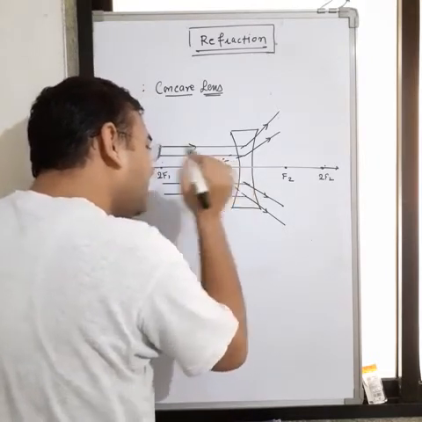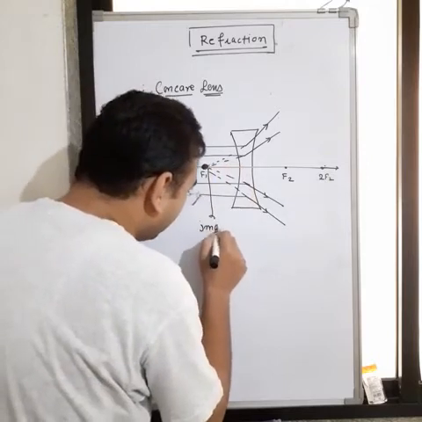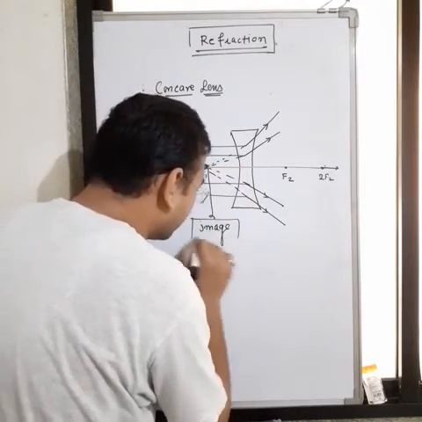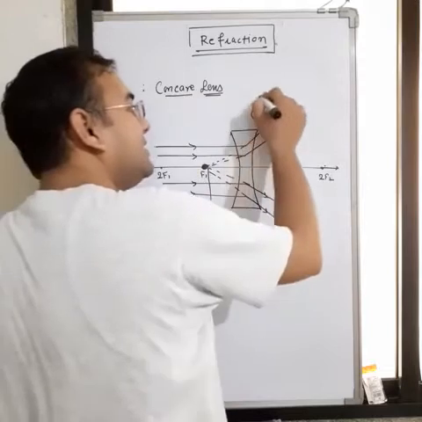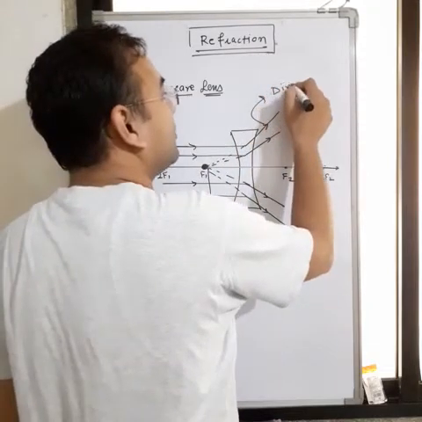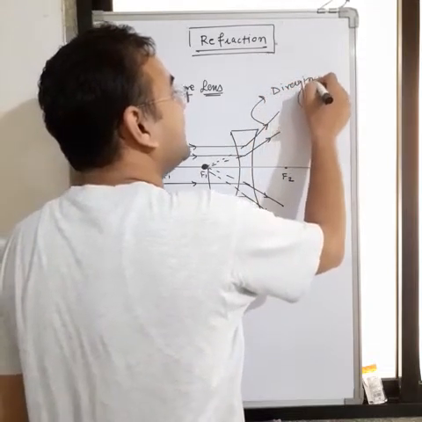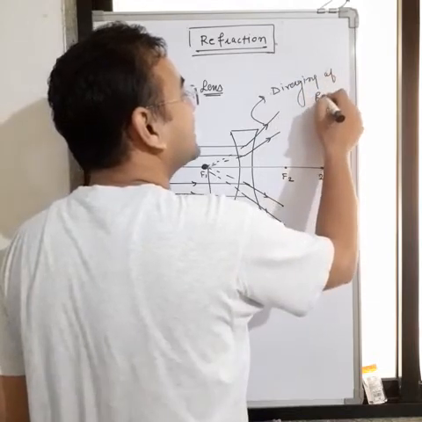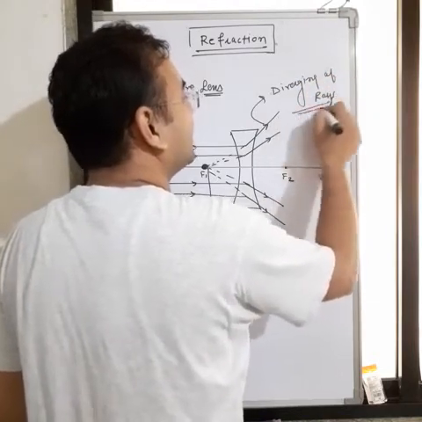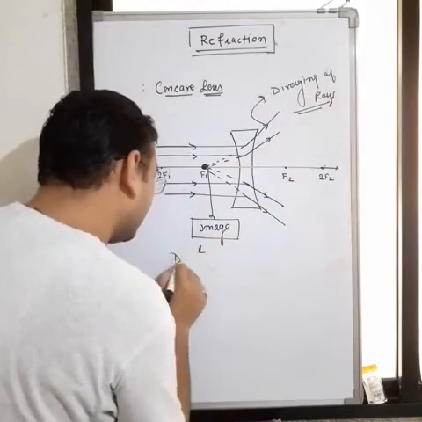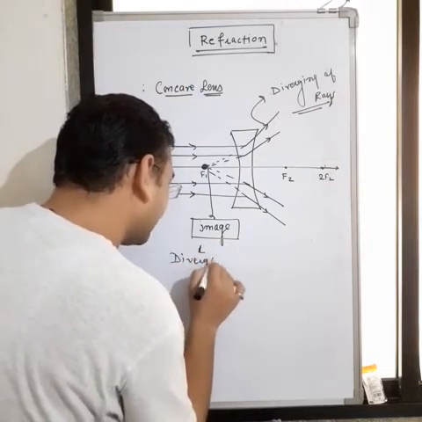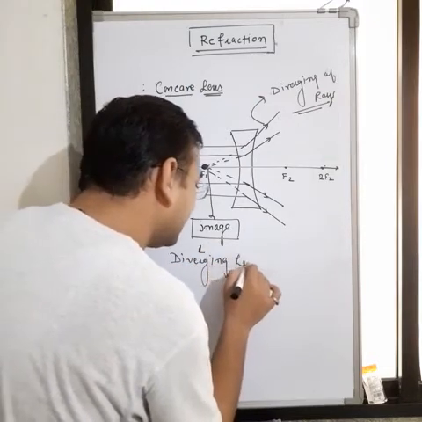This extrapolation forms the image, and this phenomenon is called the diverging of rays. That's why this lens is known as the diverging lens.